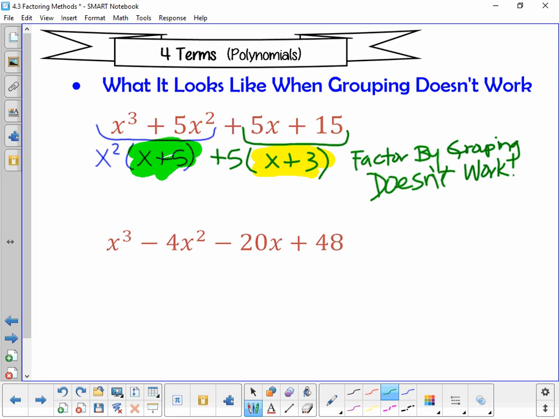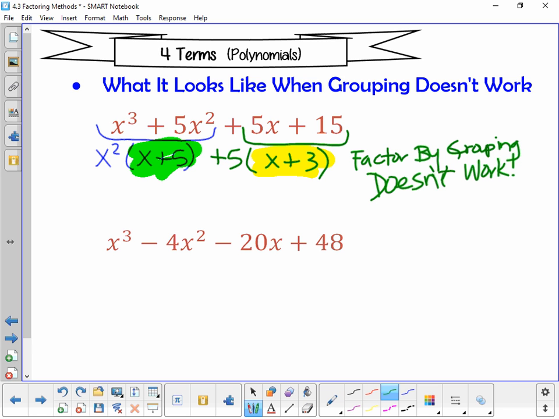In the future, we'll talk more about what we might do with this sort of thing if factor by grouping doesn't work. But for now, the ones that I'm giving you are to practice factor by grouping, and they should work just fine. If they're not working, you probably made a sign error or something. Later, next unit, we will talk more about how to deal with things such as this. But right now, you don't have the tools to factor that.